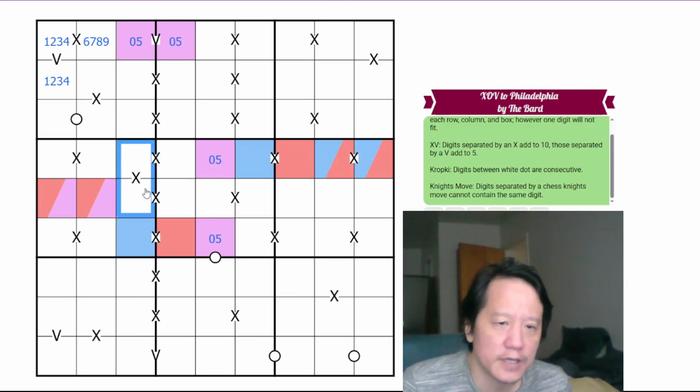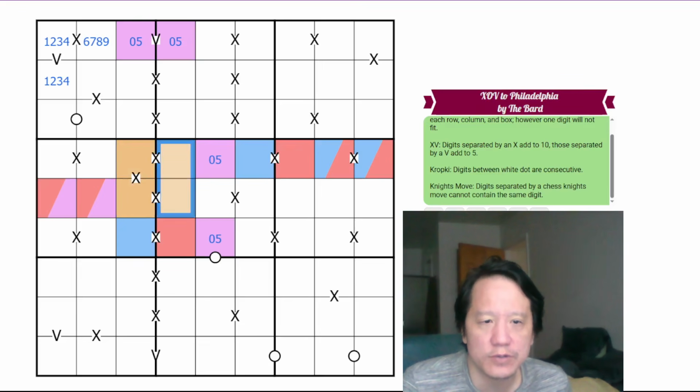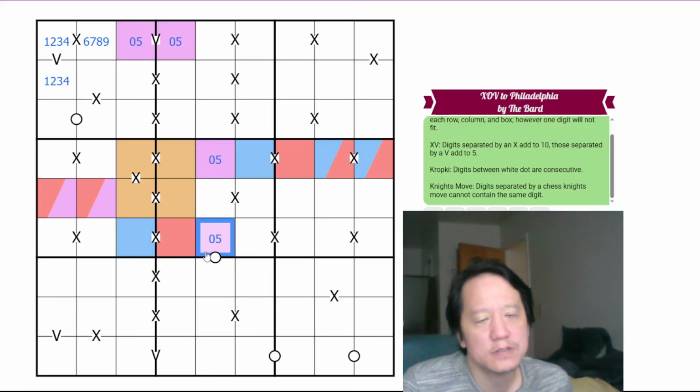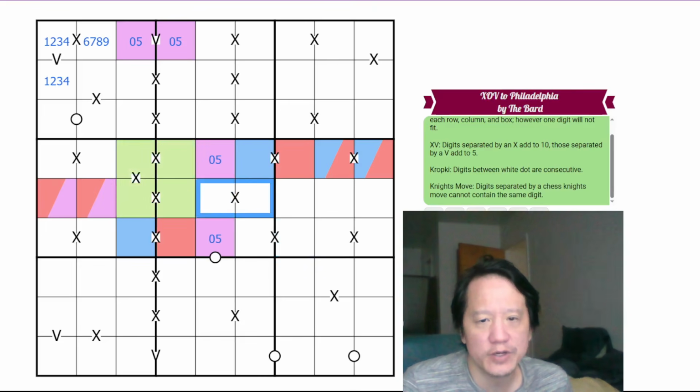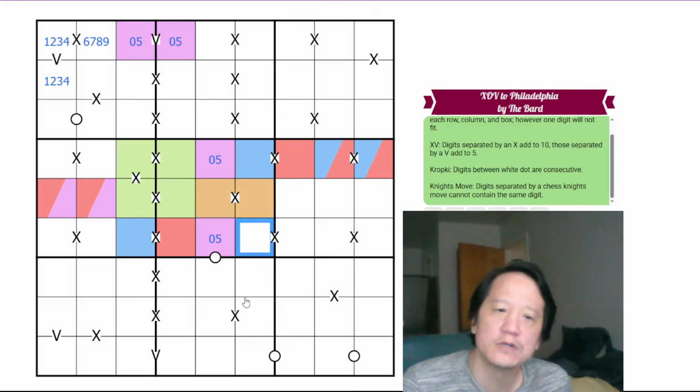These add up to 10, so they must add up to 10 with these. So we're going to mark these as orange. This is a different pair. Actually, let's make these green. And this will make orange. So this is interesting.